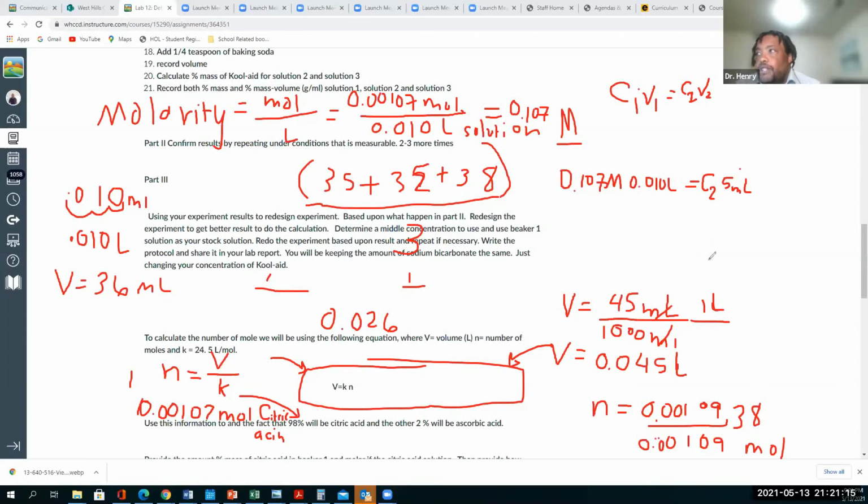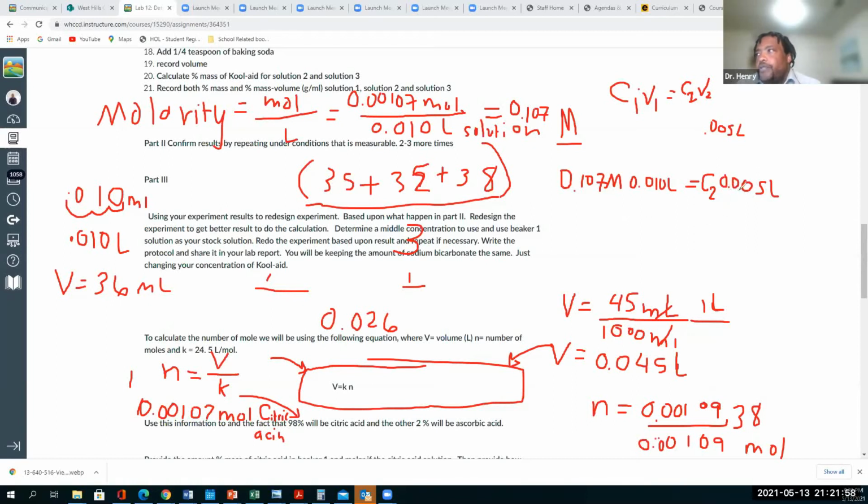So now you want to solve for C2. If it's 5 ml, we have to change it to liters since we're using liters over here. So then you'd go 0.005 liters, right? I'm going to put that in here to keep my units straight. So then you want to solve for C2.